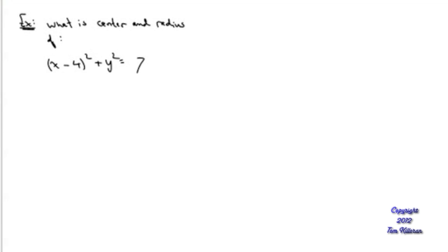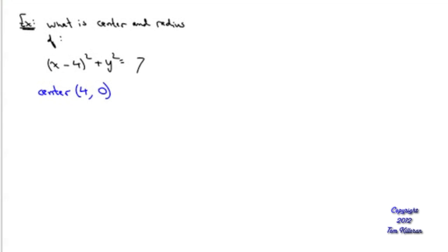Because if 4 was the center, it comes into the formula as x minus 4. So when you take it out, it has to go the opposite direction. Remember transformations. If it's inside parentheses, it goes the opposite direction. So the center of this thing is 4, comma, 0. Because there's nothing next to the y, the coordinate has to be 0, the identity.